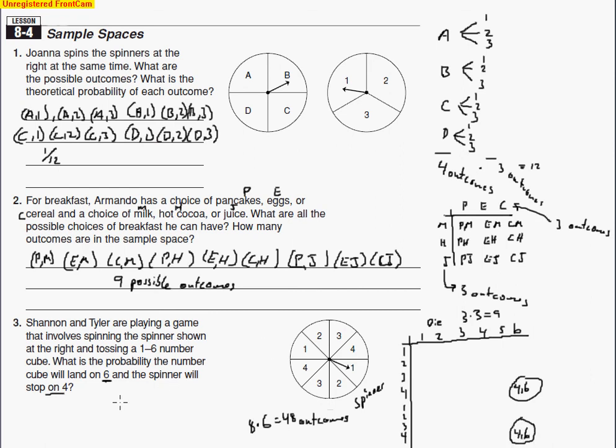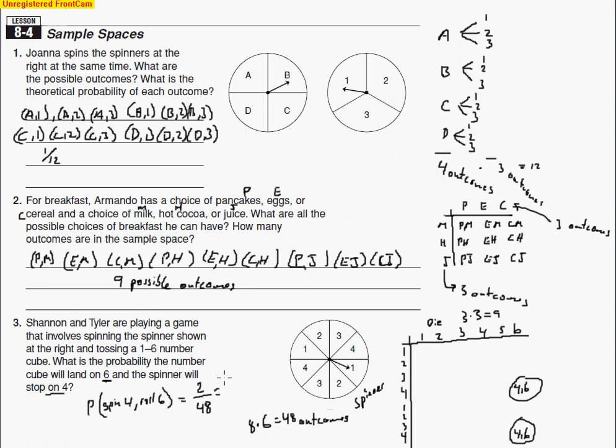So our probability of spinning a 4 and rolling a 6, that would be 2 out of the total number of 48. And I got that because instead of writing them all and counting them all up, I see that there's 8 down this way, 6 this way. 8 times 6 makes 48, so 48 total.